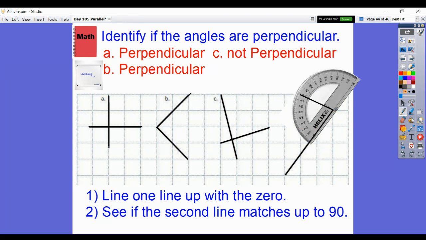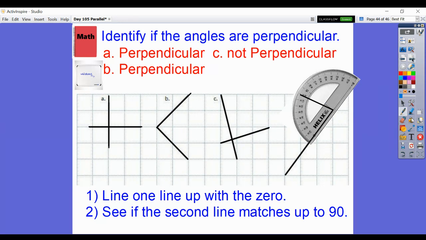Start by lining up one of the lines as the baseline. You can use either one, but if one line is longer than the other, use it as the baseline and the other for the height. And this looks like about 80 degrees, so this is not perpendicular either.